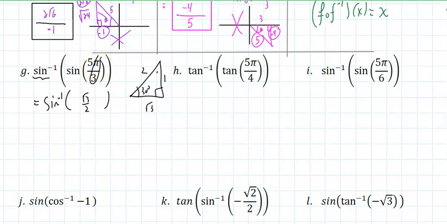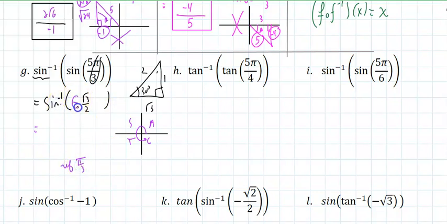Where's 5 pi over 3? 5 pi over 3 is in quadrant 4. Meaning it's negative. And since I'm looking for an angle, and I know the reference angle is pi over 3, I already established that.